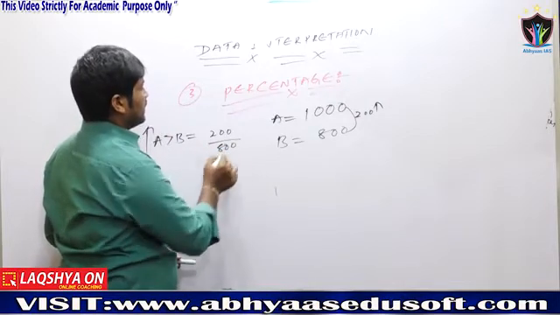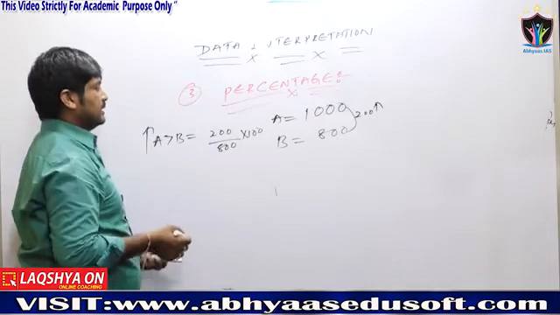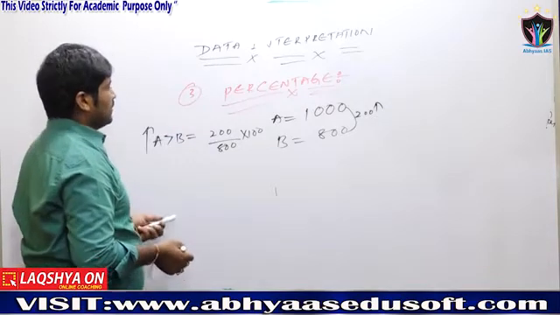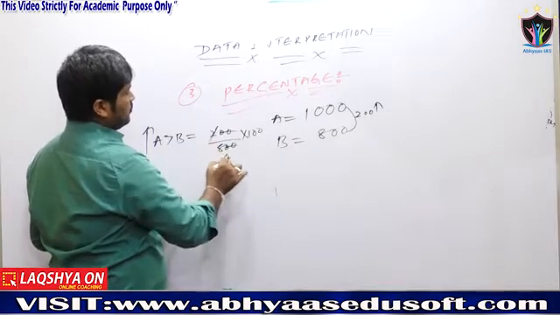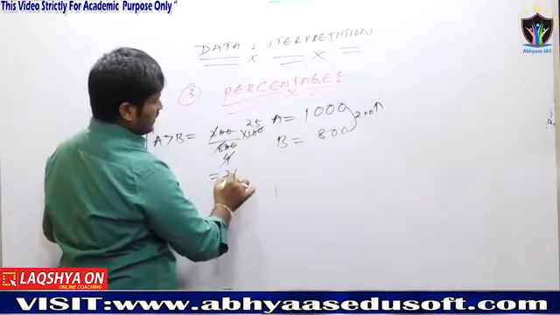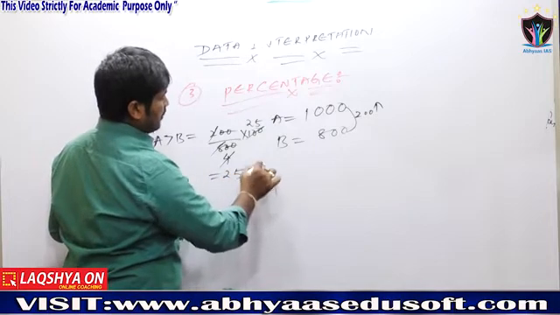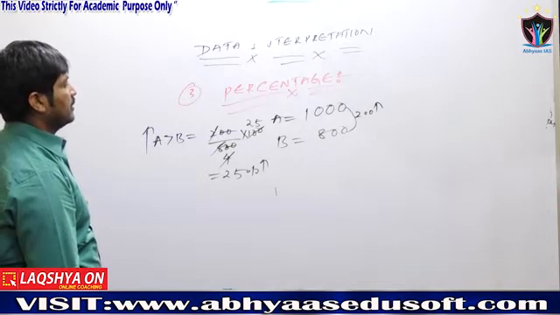So 200 by 800 into 100, generally we do like that. Two zeros cancel, 2 4s are 8 and 4 25s are 100, so A is getting 25% more than B.